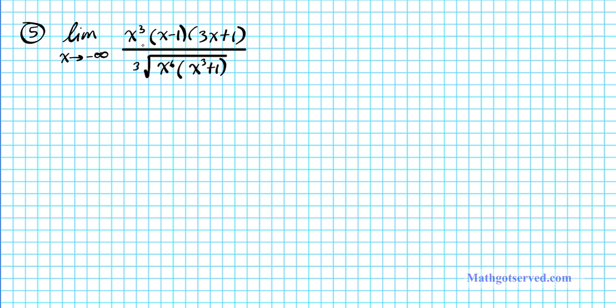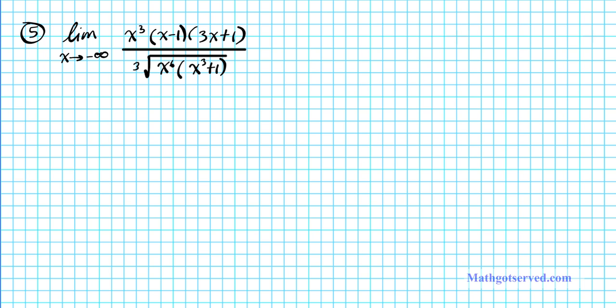Now, since we have a product of a factored form of a polynomial in the numerator, the fastest growing term in the expansion of that polynomial will basically be the only term that we'll consider in the numerator. Same goes with the denominator.